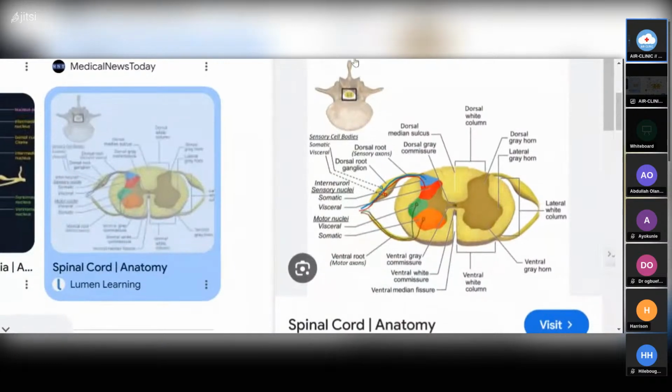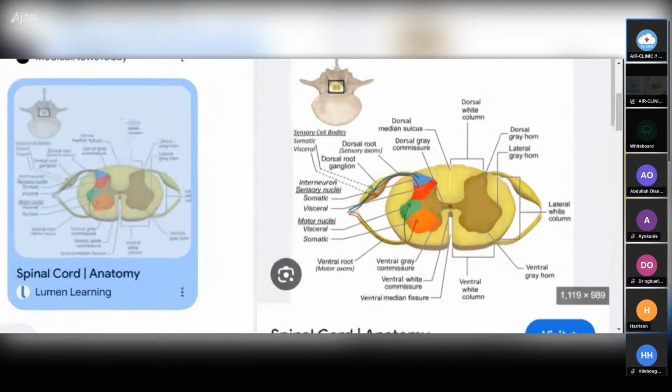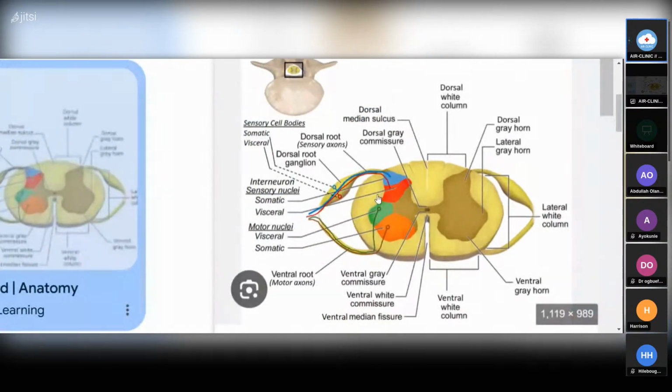I'm sharing a tab that is supposed to give you an idea of what's going on. This is a transverse section of the spinal cord. A part of it is going to be sensory, especially this one at the back.